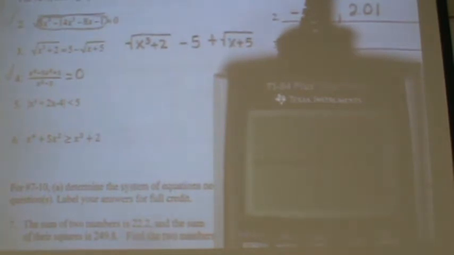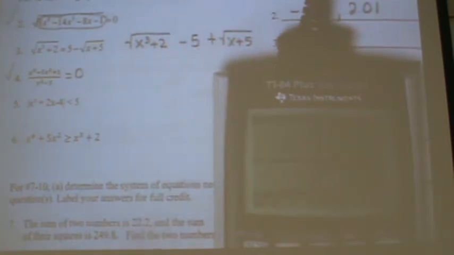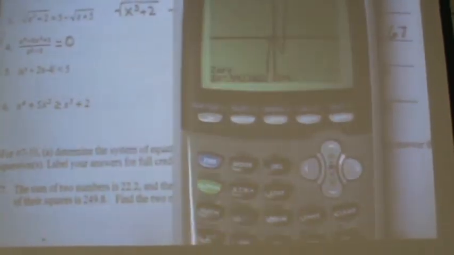Hit graph. Okay. Second, calc, 0. Enter, 0, enter, enter, and there's one of your zeros, negative 0.44.